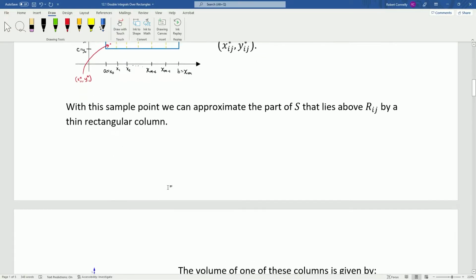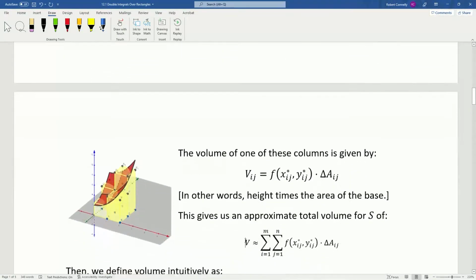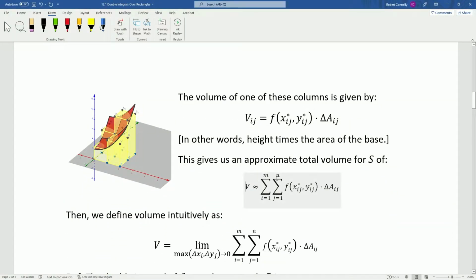I get all those rectangular prisms, add them all together, and that's going to give us this double sum. Each value I from 1 to m corresponds to a row, and each of these is one of the rectangles in that row. So this will sum up a whole row, and this tells us to sum up all of the rows together. Hopefully that's pretty clear.